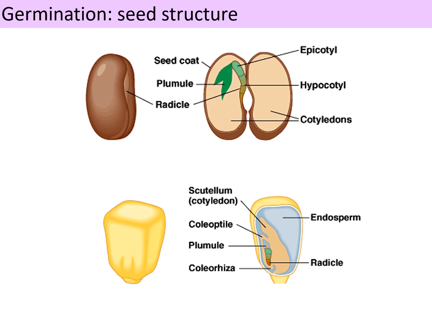We also use the number of cotyledons to separate plants into dicot and monocot. The plants that have two cotyledons we call dicot or dicotyledonous plants, but plants that have only one cotyledon we call monocot or monocotyledonous plants. So this is the meaning and the difference. It depends on the number of cotyledons inside the seeds.